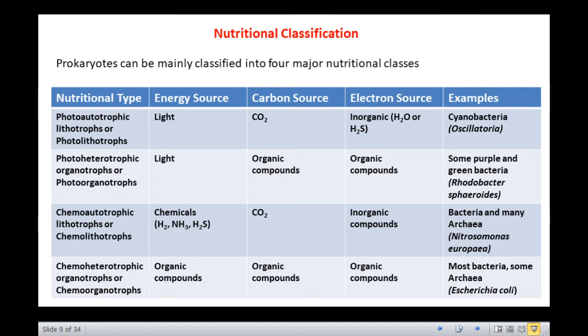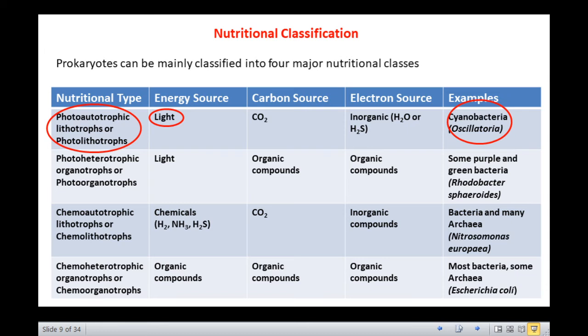An example of a photoautotrophic lithotroph would be the cyanobacterium Oscillatoria. This organism is photosynthetic and can convert light energy into chemical energy. Hence, it is a phototroph.